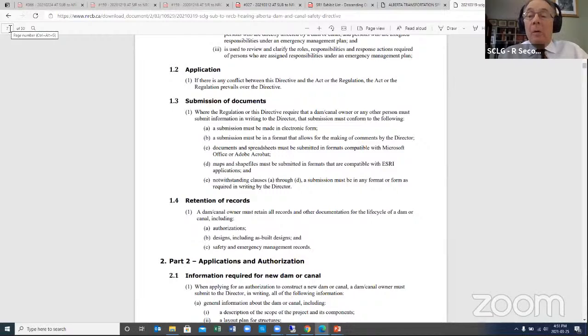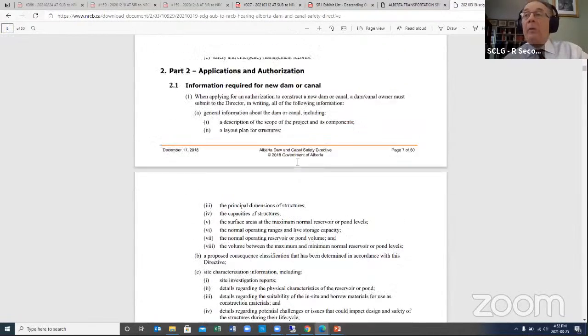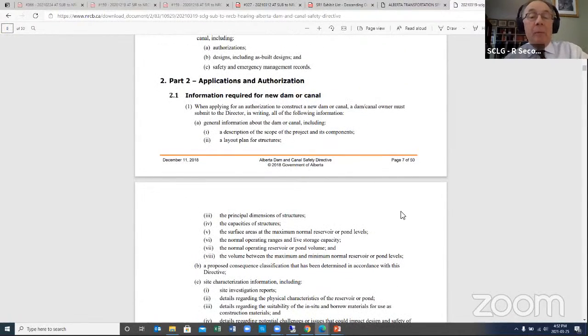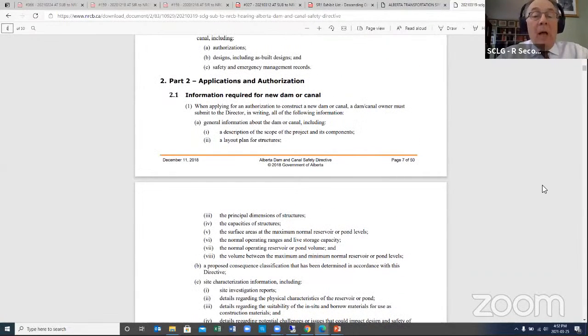Okay. And if we could turn to part 2, section 2.1, at the bottom of that page, it says information required for a new dam or canal. One, when applying for an authorization to construct a new dam or canal, a dam or canal owner must submit to the director in writing all of the following information.